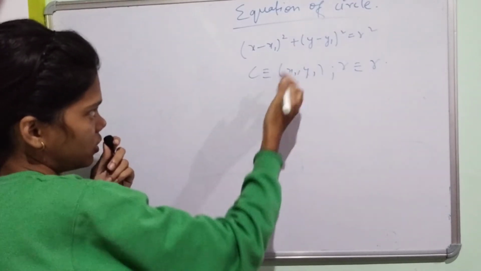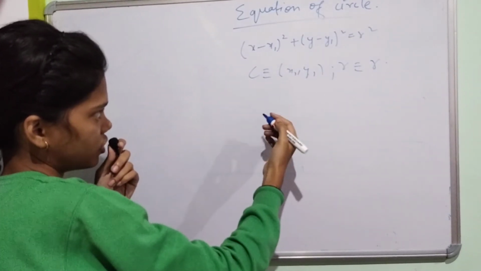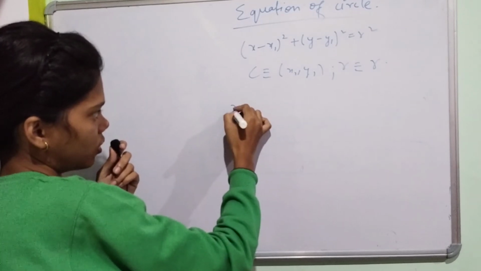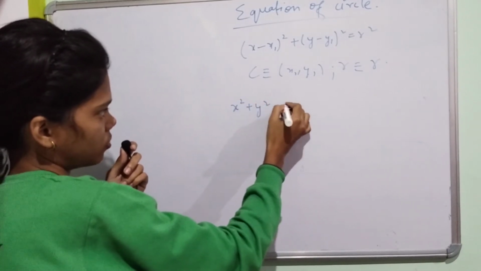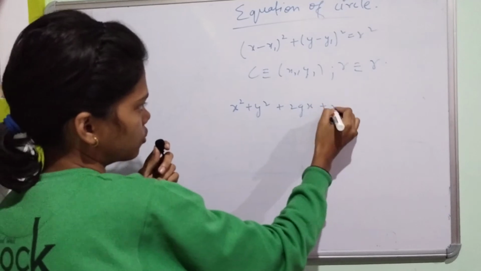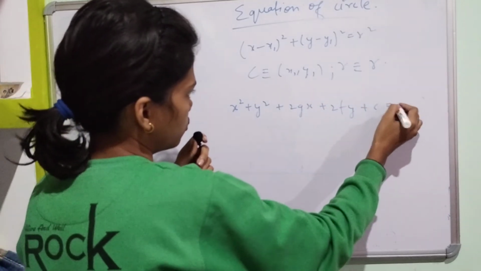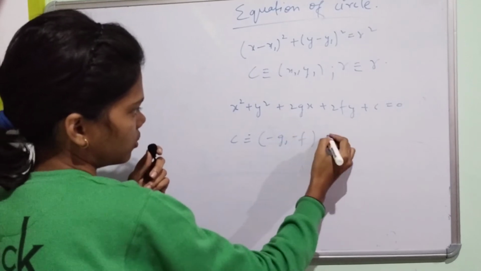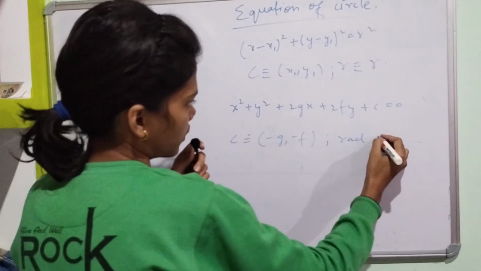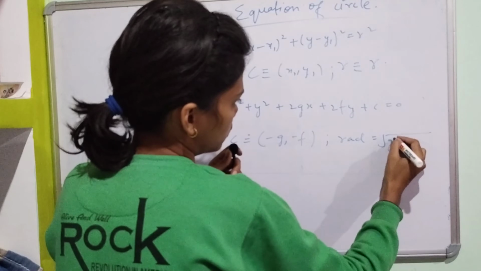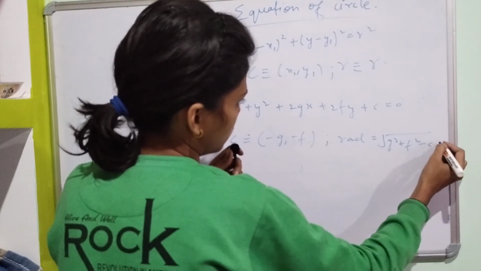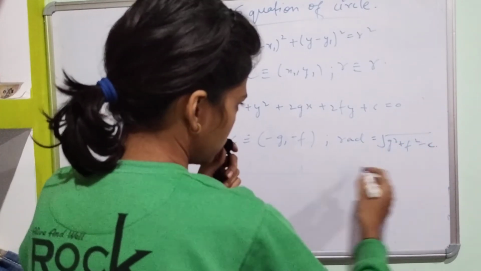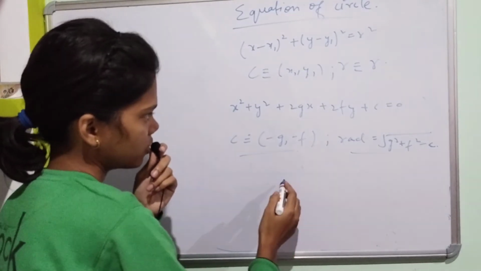This is the standard equation. Now the general equation is x² + y² + 2gx + 2fy + c = 0. In this, the center is (−g, −f) and the radius is the square root of g² + f² − c.